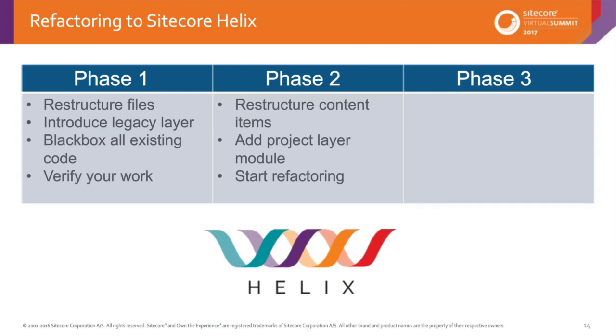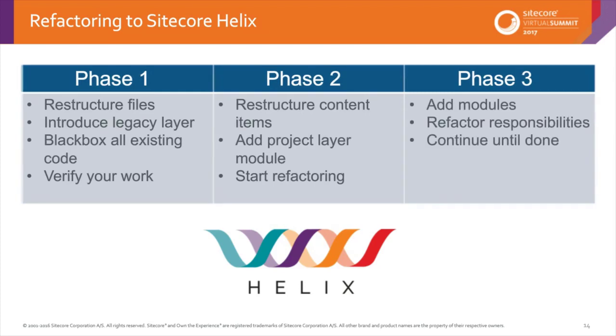Phase 3 is more or less a repetition of the last part of phase 2. Add modules and refactor existing responsibilities, and simply continue and continue until this solution is Helix compliant. Now it's done. It's a gradual process. You should not aim for perfection in the first go. It's iterative. It's an agile process.